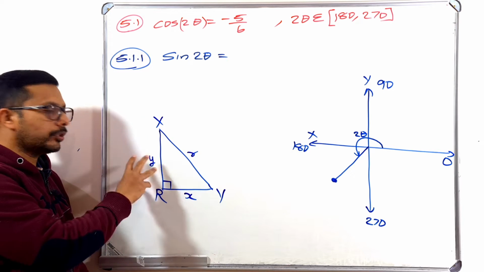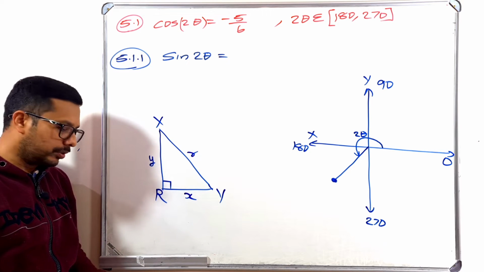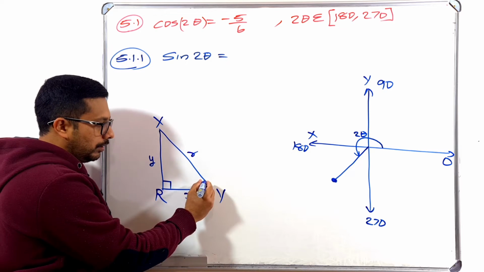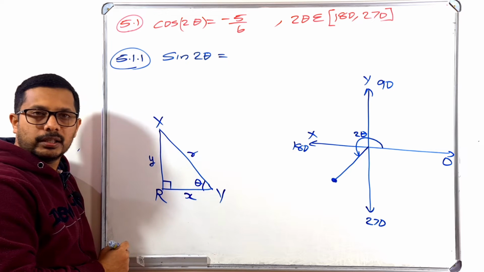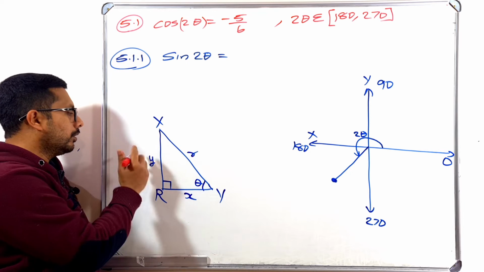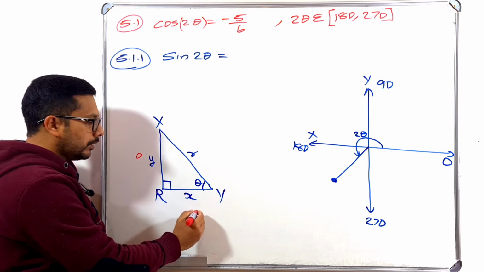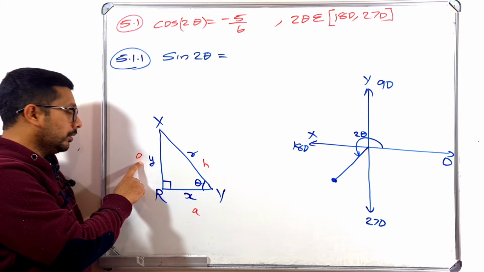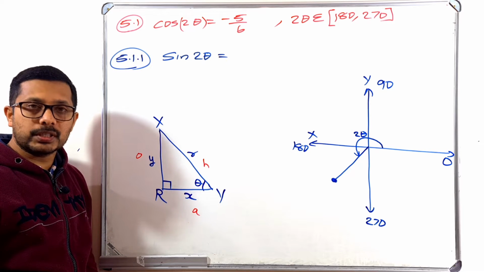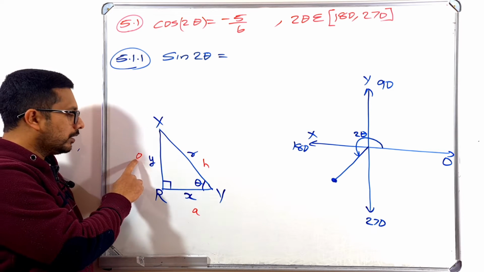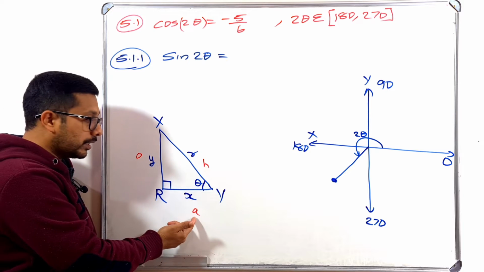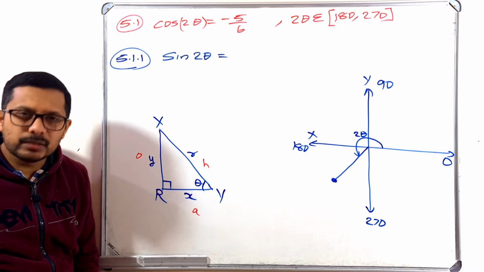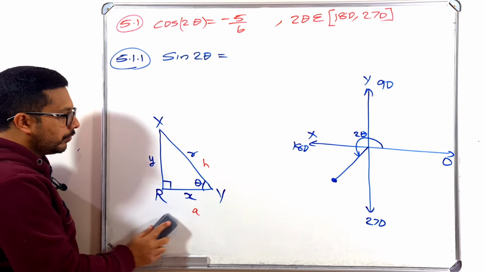Some of you studied that if this angle is theta, then you practice O, A and H. I don't prefer that. There is no difference, but I don't like O standing for opposite side, A for adjacent side, H for hypotenuse. Let's practice like this, then it will be easy for you to understand.